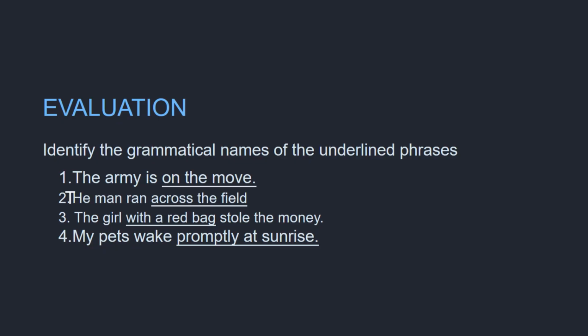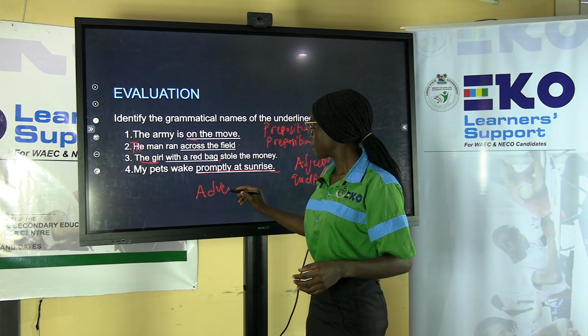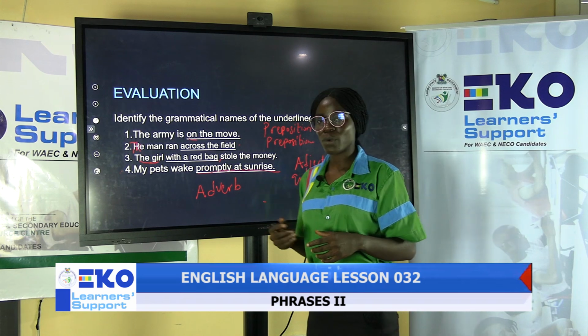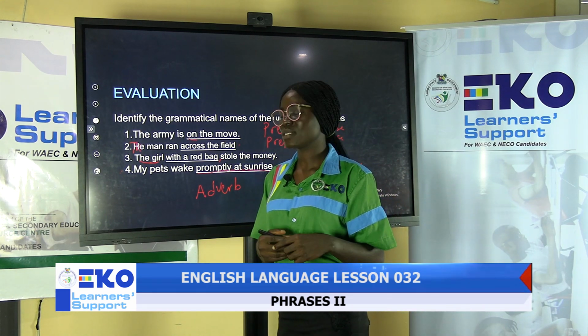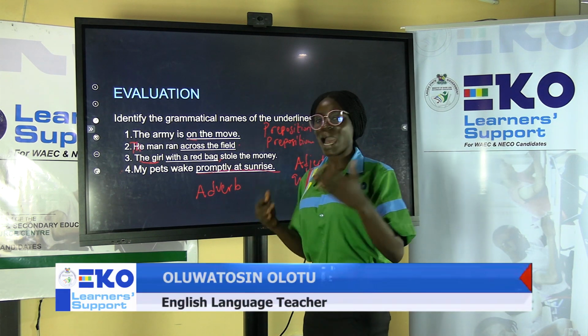Number 4, the pet wakes promptly at sunrise. Now, in this particular sentence, promptly is an adverb of manner. Don't forget, you need to ask the question, my pet wakes, how?